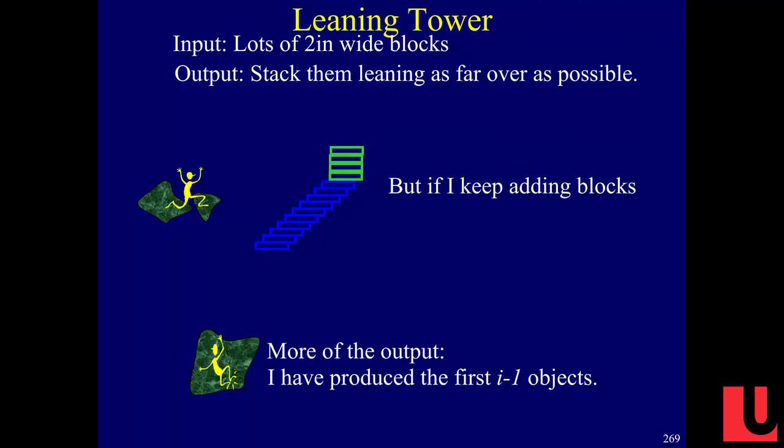But you put enough blocks on there, and it's going to fall over, right? So how can you possibly go much further out? Everybody buy this as a proof? Everybody agree that we can't go very far out?